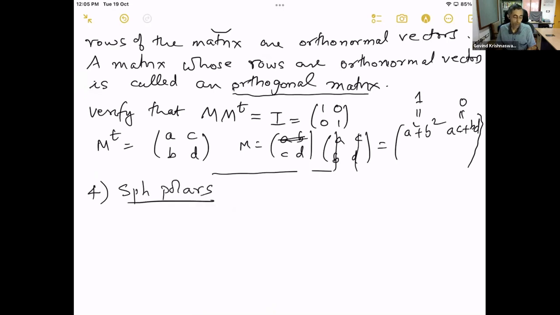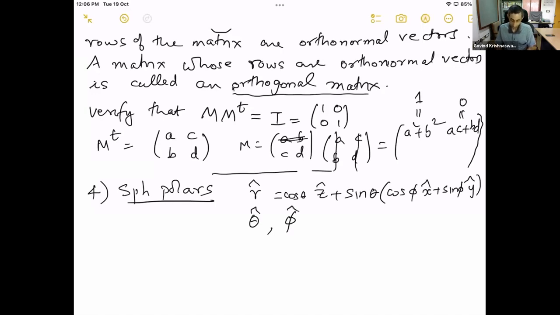We are given formulae for r hat in terms of the Cartesian components, sine theta times cosine phi x hat plus sine phi y hat, and similar formulae for theta hat and phi hat. And we are asked to verify that r, theta, phi form a right-handed orthonormal system.